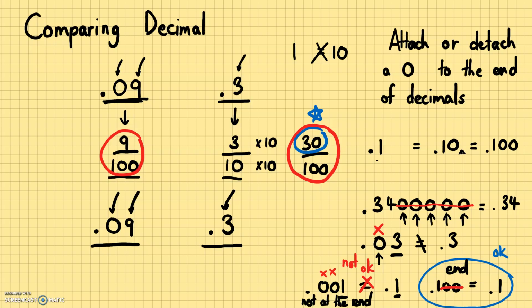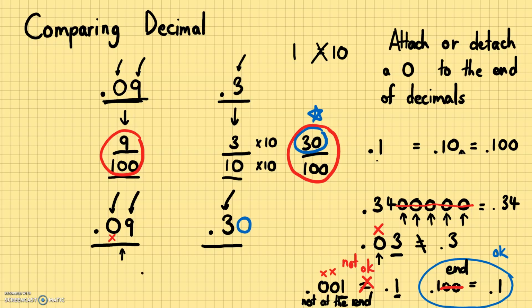Since we can't change this one, remember we can't erase zeros when they're not at the end, we can add a 0 here.